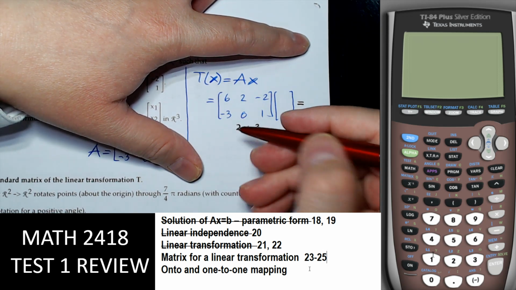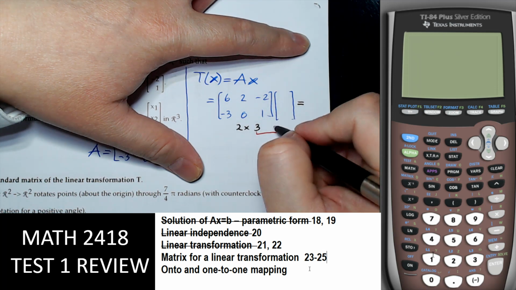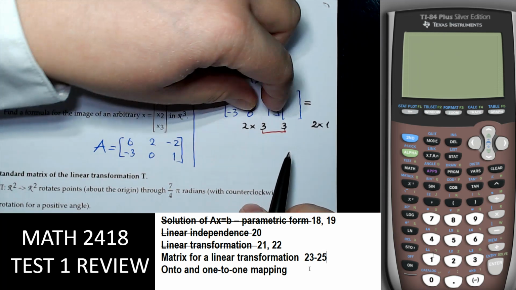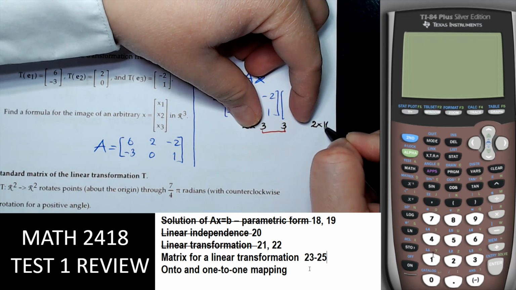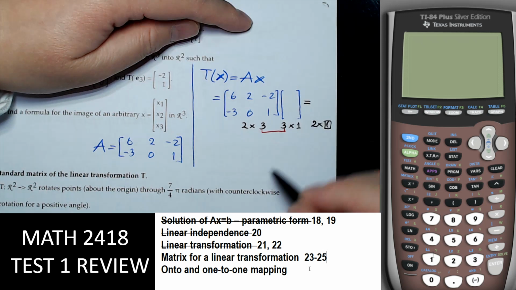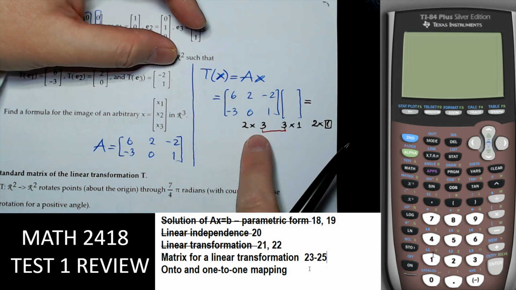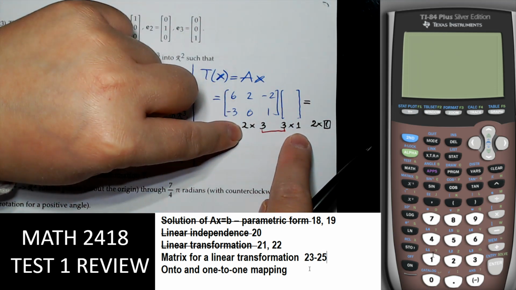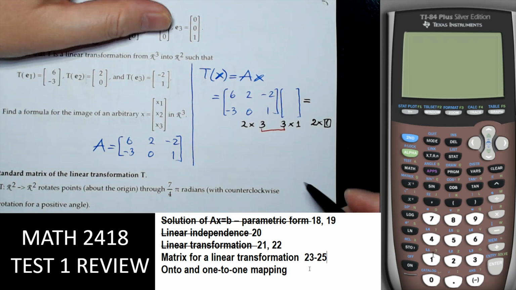The middle numbers again have to match, so this has to be 3. And when the middle numbers match, the outside numbers give the dimension. So it will have to be a 3 by 1 for the X matrix. So that 3 and 3 are the same, and the 2 and 1 on the outside will be the dimension of the end result.